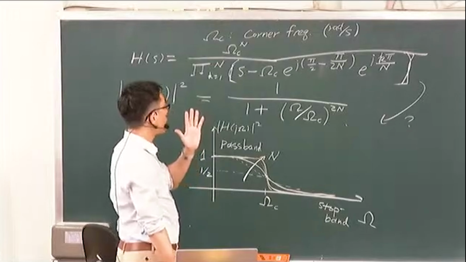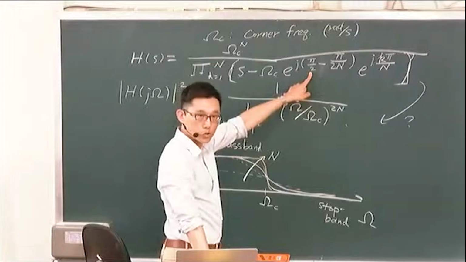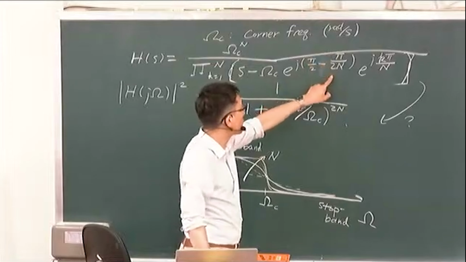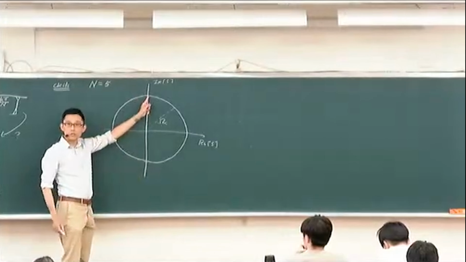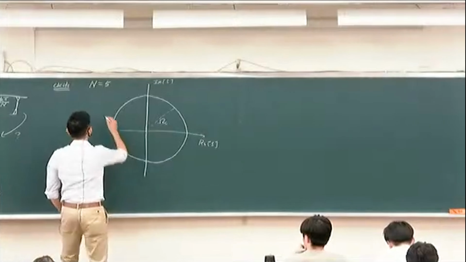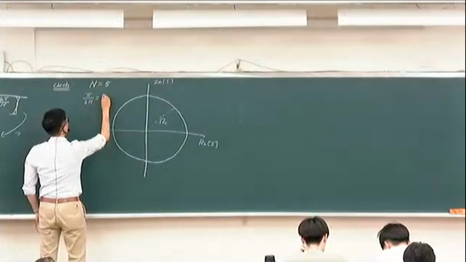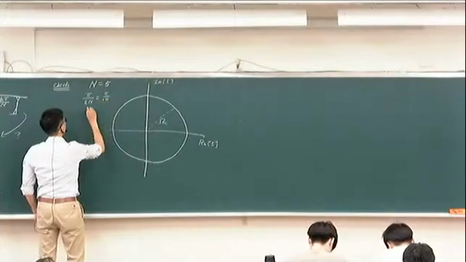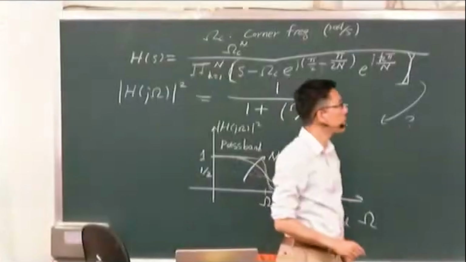This is pi divided by 2, 90 degrees right here, minus an offset, pi divided by 2n. So this angle is pi divided by 2 minus pi divided by 2n. Pi divided by 2n is pi over 10, corresponding to 18 degrees.